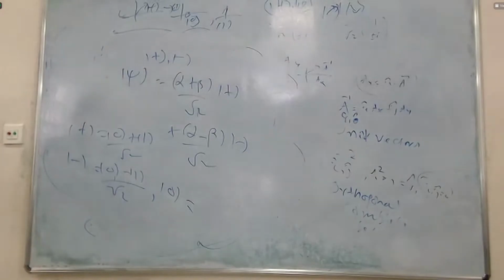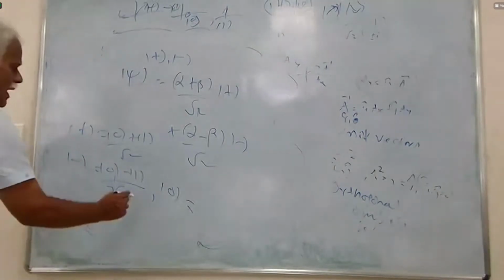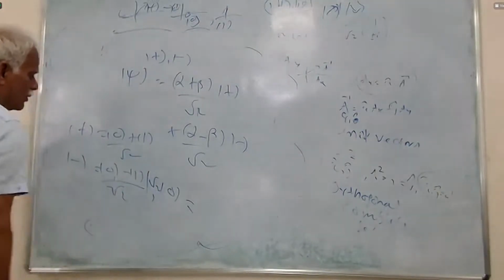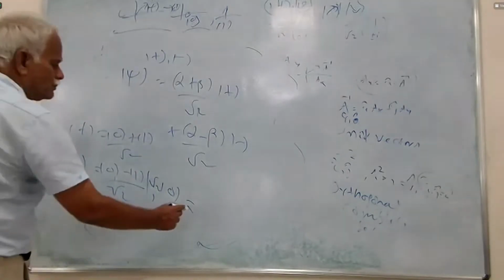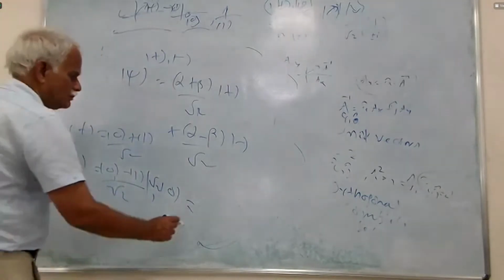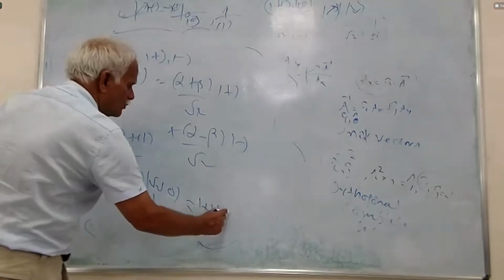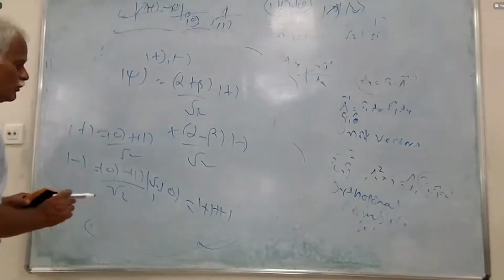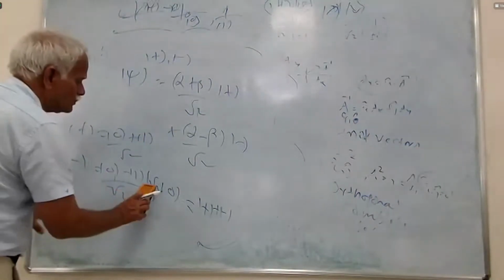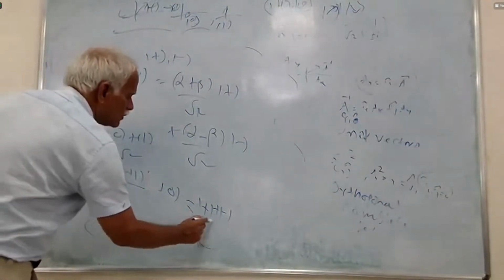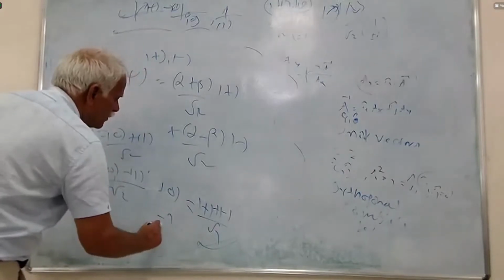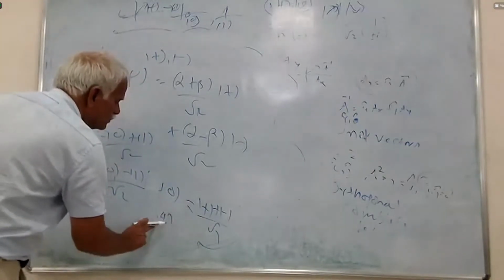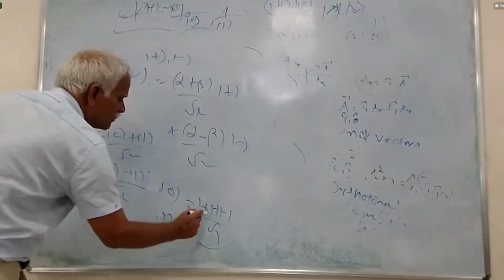To R10, you get 2 times 0 is equal to plus minus, right? Yes or no? So therefore, 0 is equal to plus minus by 2 and by 1 is equal to opposite side plus minus.